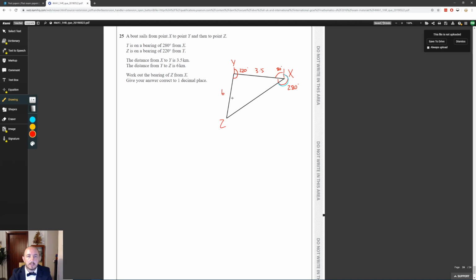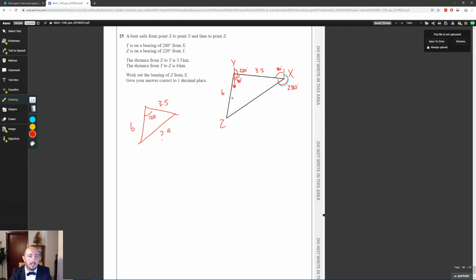So if I draw this line down here, that would be 80 in here, and then another 40 degrees in there, because we've gone from 220, we've gone 180 plus another 40. So in total in there, we've got 120 degrees. So 3.5, 6, 120. That'll allow us to work out this side here.